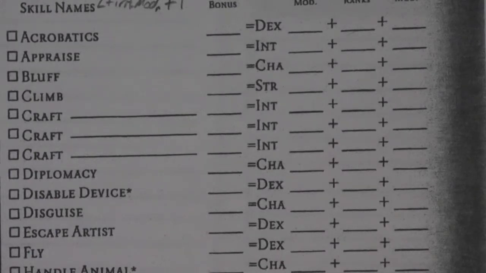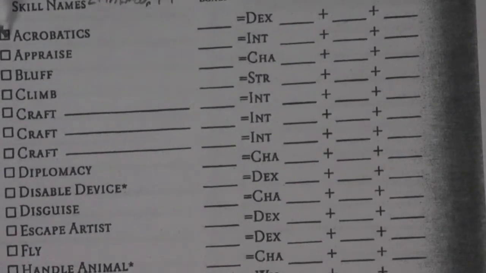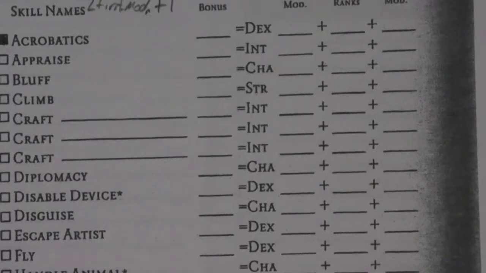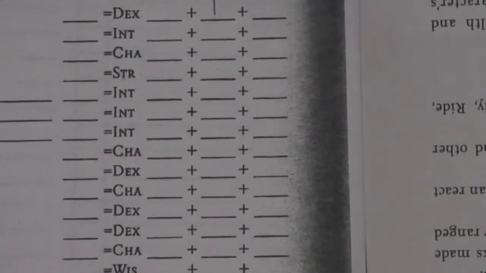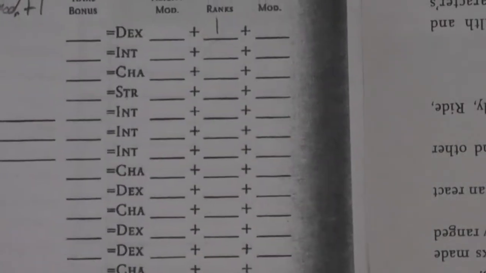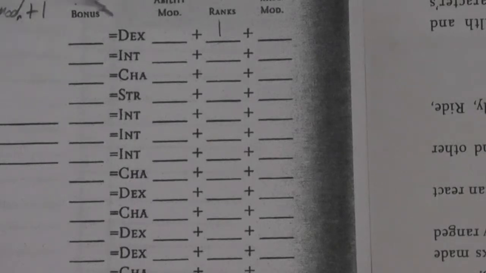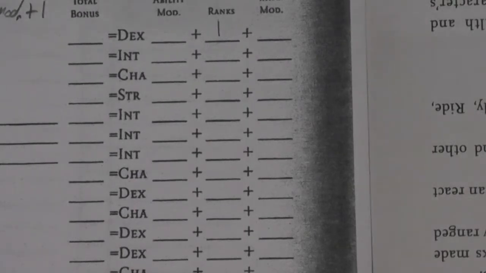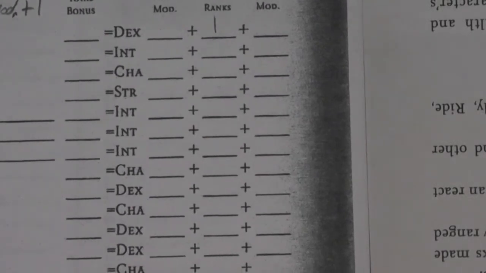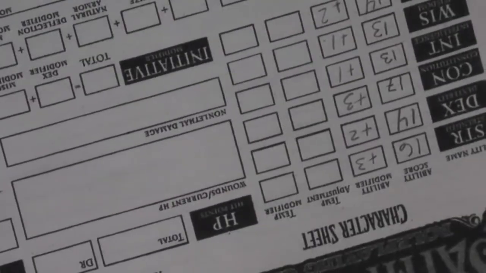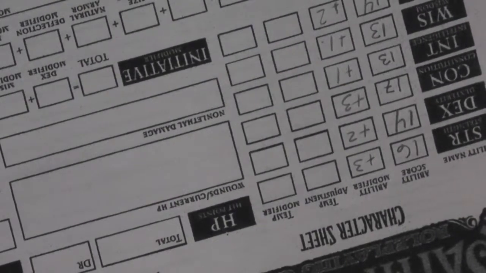So let's say I wanted to take acrobatics. Fill in acrobatics, and then put a rank in it, 1, because I only want to put 1 in there. And then you write your dexterity modifier, which is +2, and I can't write that in upside down, sorry. So you'd write +2, and that equals a +3 bonus.